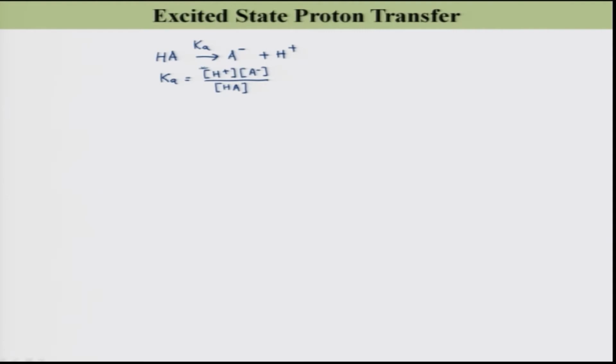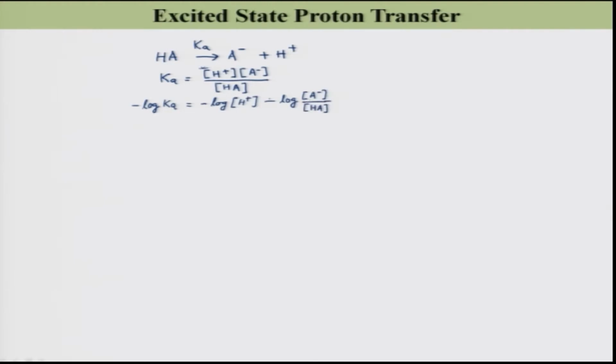So, minus log Ka is equal to minus log hydrogen ion concentration minus log of the concentration of A minus divided by the concentration of HA.